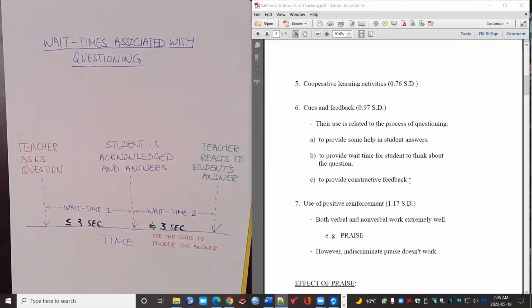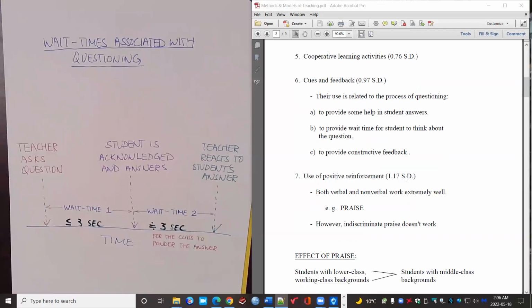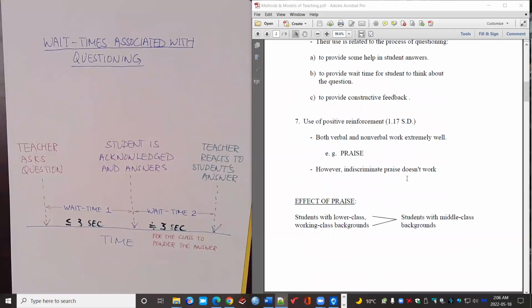But in assignments, written comments on assignments should be considered constructive feedback, and most students like to see this, right? Like to see comments on their assignments, right? All right, take a look at number 7, the last one, the most effective use of positive reinforcement.